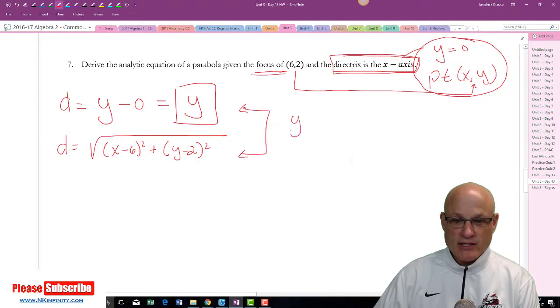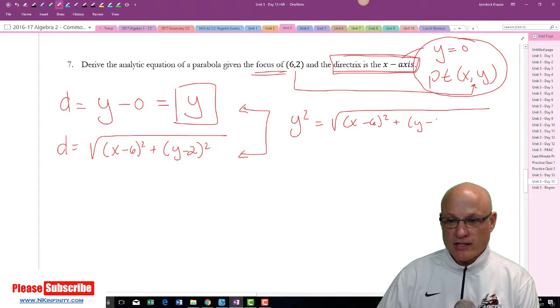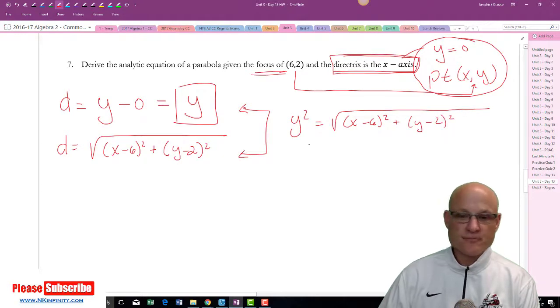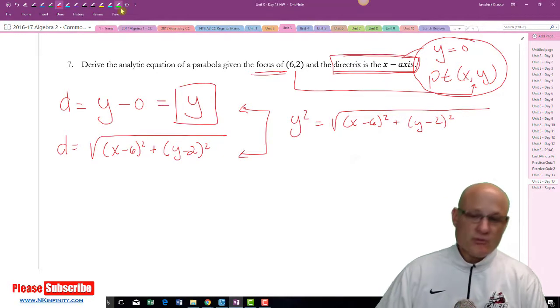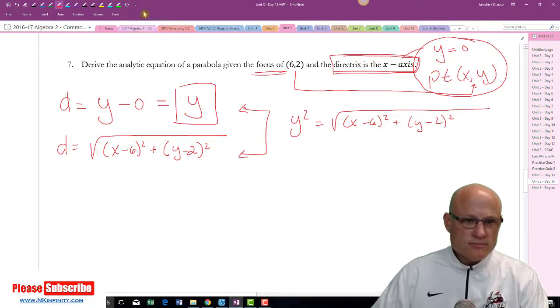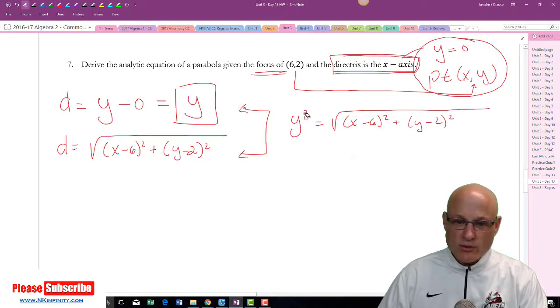So y is equal to the square root of x minus 6 squared plus y minus 2 squared. Oops, I'm sorry, this should just be y, not y squared.